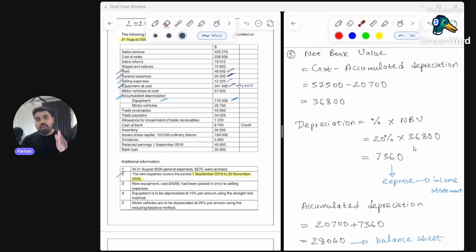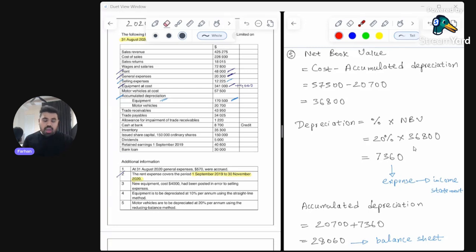The net book value at any given point in time is simply calculated as the difference between the cost and the accumulated depreciation. The accumulated depreciation stands for the total depreciation expense we have incurred for the specific asset, which in this case is motor vehicles, since the day of purchase.